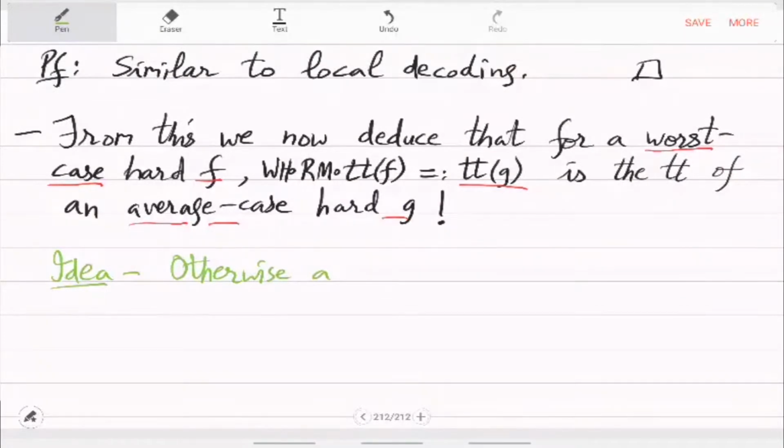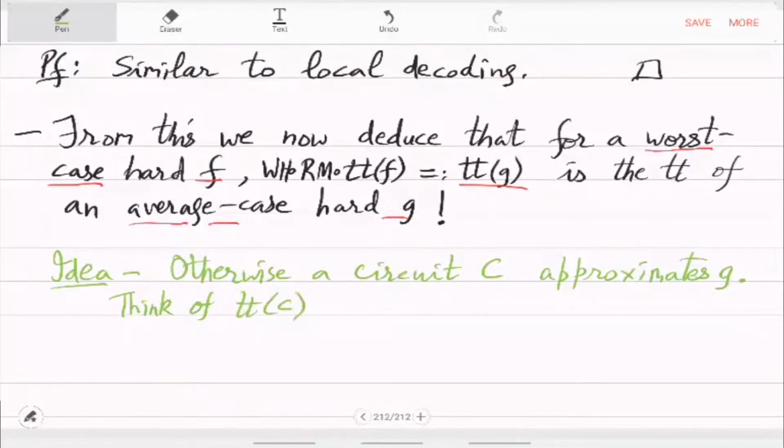Otherwise, the circuit C approximates g, and think of the truth table of C as a corruption of this code word. In the truth table of C you have oracle access.